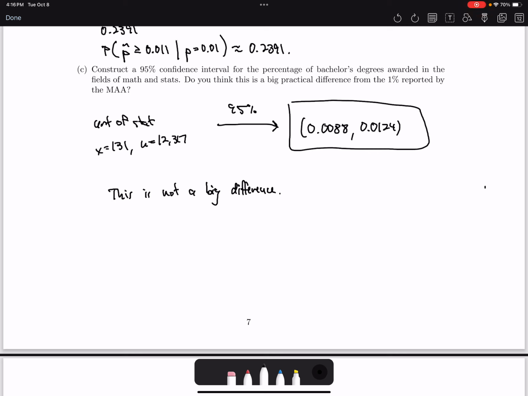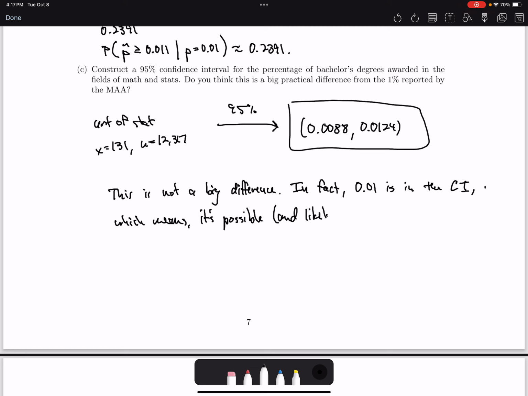So we could say, in fact, 0.01 is in the confidence interval, which means it's possible, and likely, that there is no difference at all.